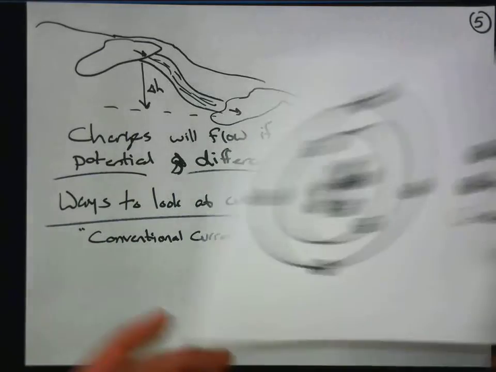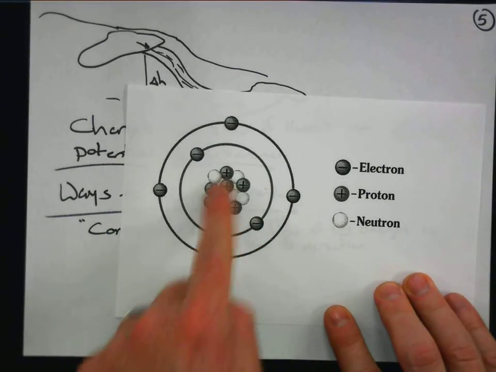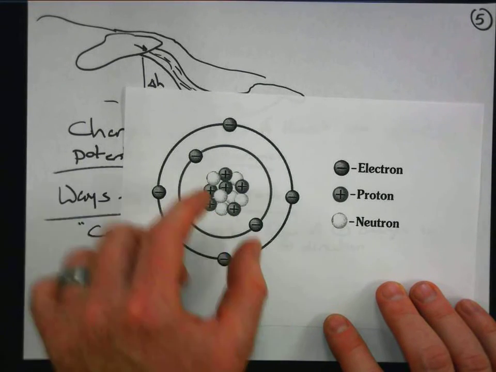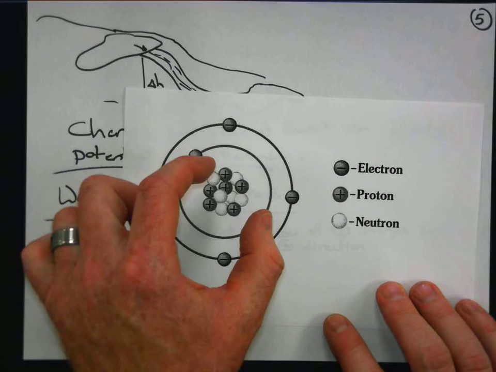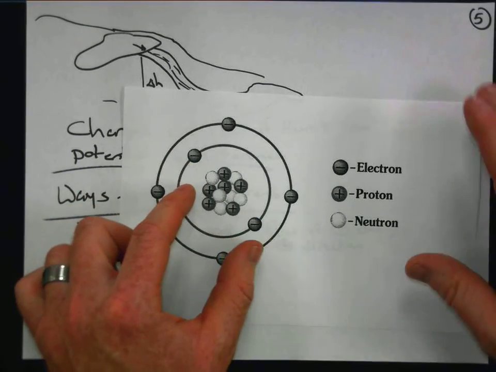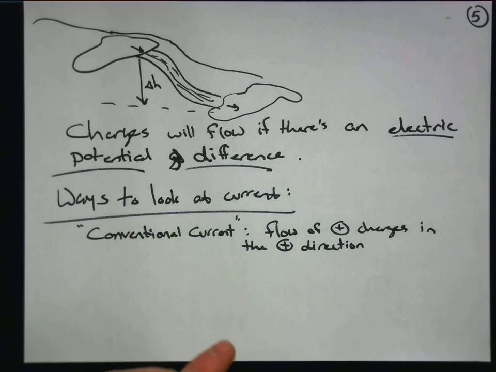They are not free to move. All those positives right in there, they don't have an easy time at all getting out of there. They're stuck in the nucleus. Takes vast quantities of energy to liberate things in the nucleus and free them up, and we're not dealing with nuclear reactions.